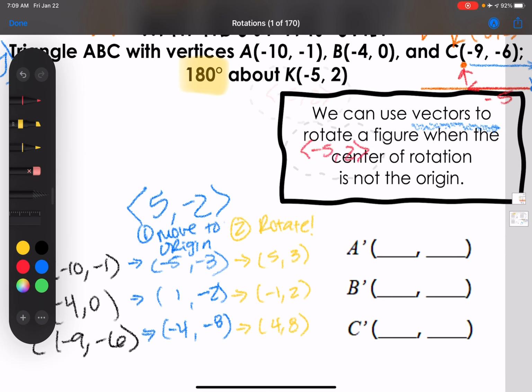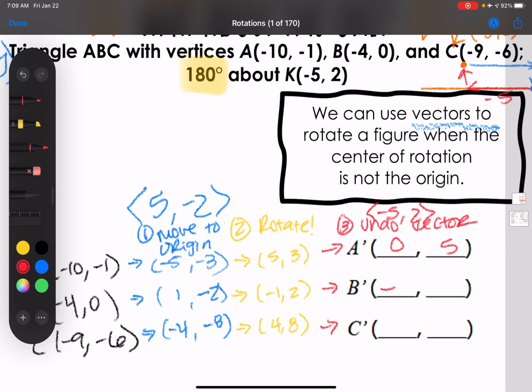And now remember, your last step is going to be to go ahead and now move it back from that point. So undo that vector. So that means we're going to go left 5 and up 2. Left 5, up 2, left 5, up 2. And this right here would be your final answer.